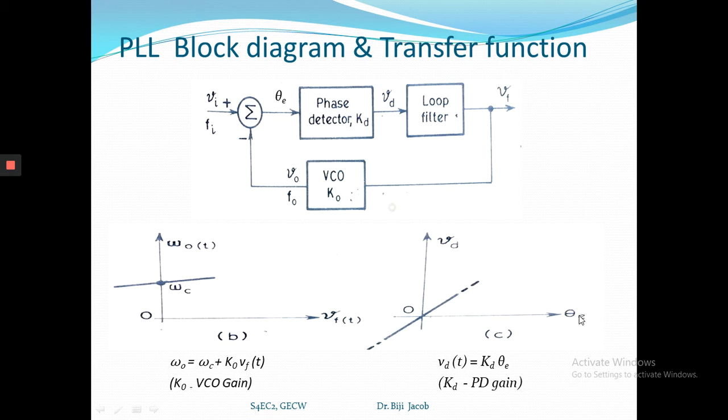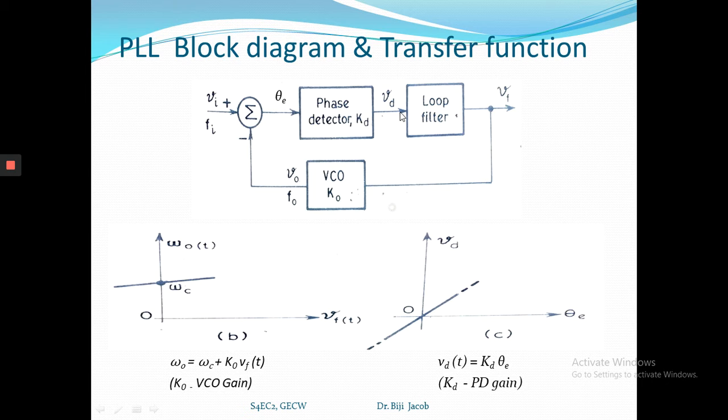When the phase shift between input and output is 0 and the frequency is exactly the same, there will not be any error voltage. So this curve passes through the origin, and the slope of this curve is the gain of the phase detector, that is, volts per unit phase shift.